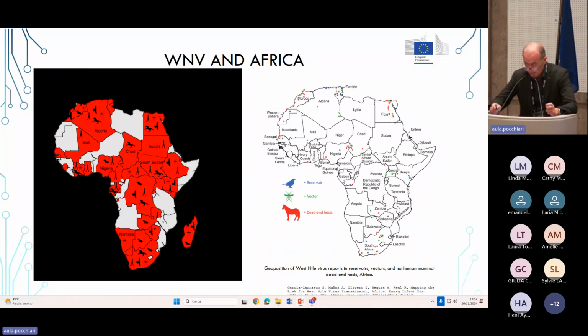You can see these two maps representing the data achieved with the literature review done by Mencatelli et al., and the data collected 2 years later by Garcia Carrasco. You can see that these two representations overlap quite well.